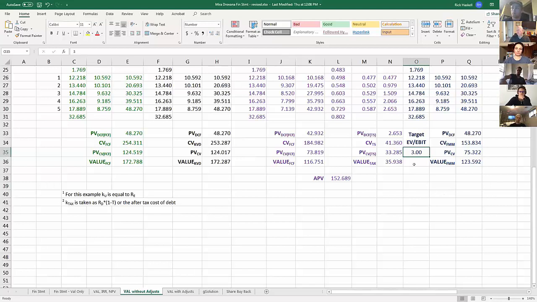If I'm looking here, and if my observed is 3, I want to say, what would I have to do in order to improve it to a 5, which might be more similar to the rest of the industry in their observed multiples, and certainly brings my value more closely into line?